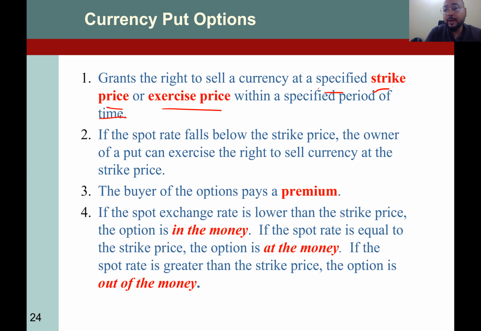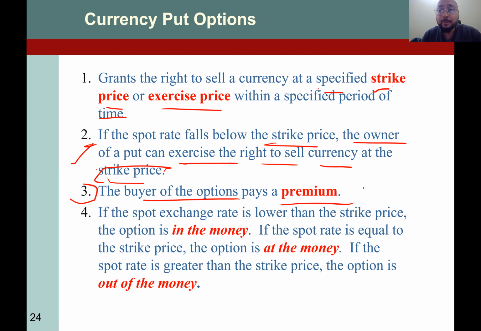So if the spot rate falls, seller will get more money because he already entered into a contract to sell at higher price, right? In put option, the buyer of put bets that the spot rate will go down in the market. If the spot rate falls below the strike price, the owner of the put can exercise the right to sell at strike price. But the buyer of put will pay premium, which we denote with small p.